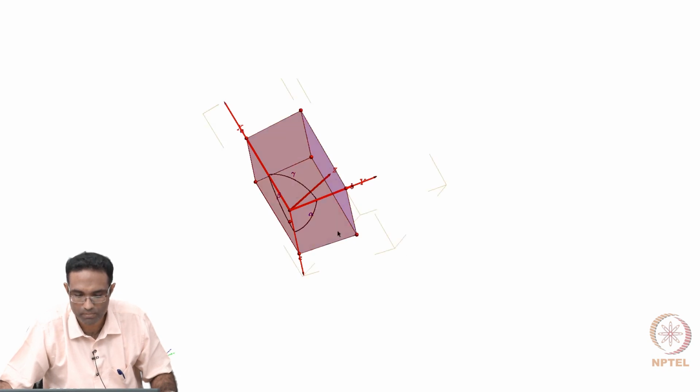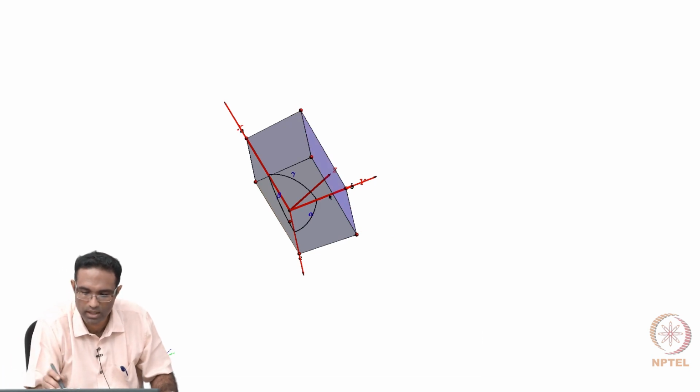This point right here would be at 0.1 B. From here, if you measure the distance to this point, it will be 0.1 B. I am not able to move it here because it is exceedingly slow.